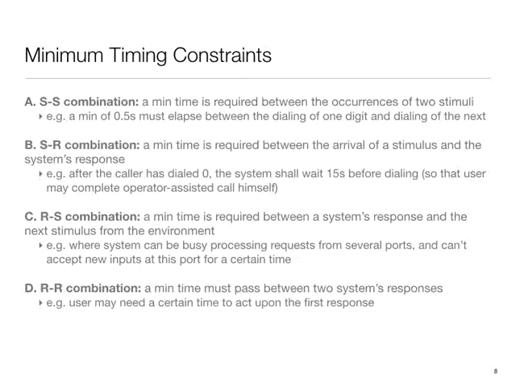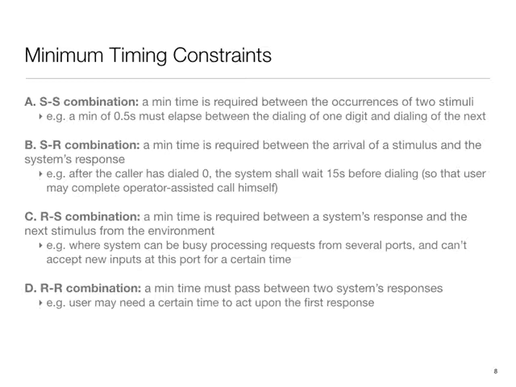Minimum SR, a minimum time is required between stimulus and a system's response. This is really saying the system should not be too rapid, because sometimes if a system is too quick, then the outside world is still kind of recovering and is unable to ingest the next output.